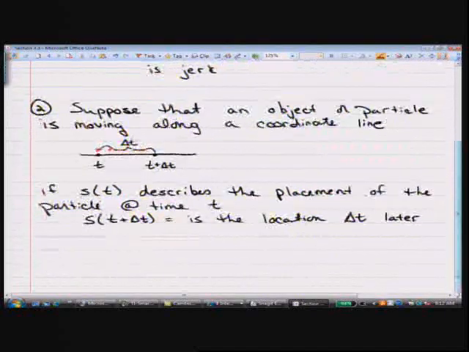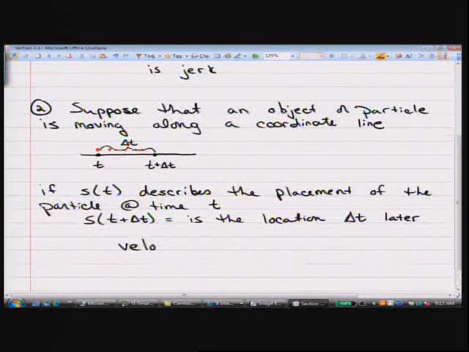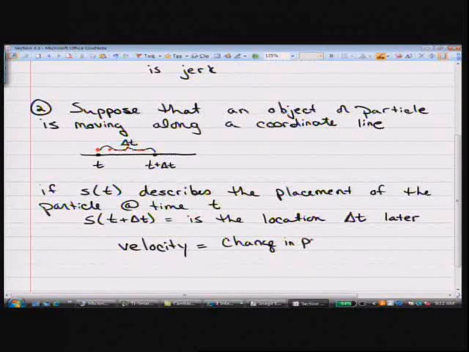Okay, and now we know from physics classes or from past study that velocity is change in position, or change in distance, over change in time.